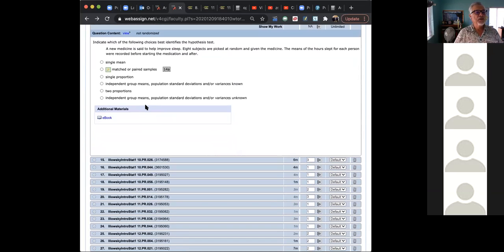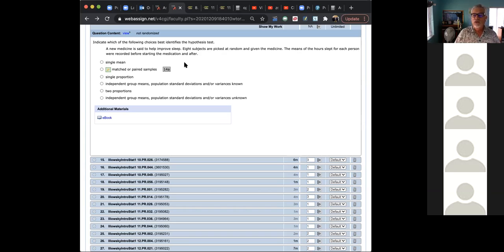Indicate which of the following choices best identifies the hypothesis test. A new medicine is said to help improve sleep. 8 subjects are picked at random and given the medicine. The means of the hours slept for each person were recorded before starting the medication and after.